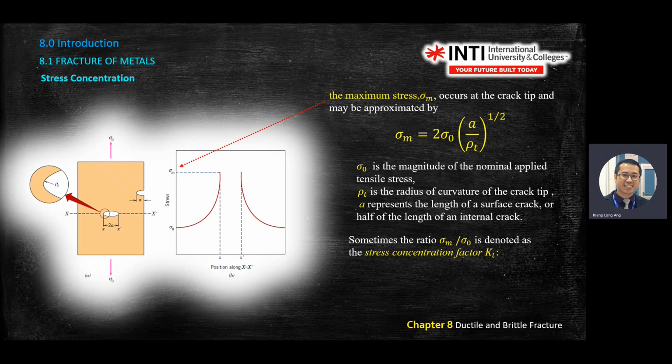So we have stress maximum, stress nominal, A, the length of the surface crack, rho is the radius of curvature, or the stress concentration factor. This is how we can test you.